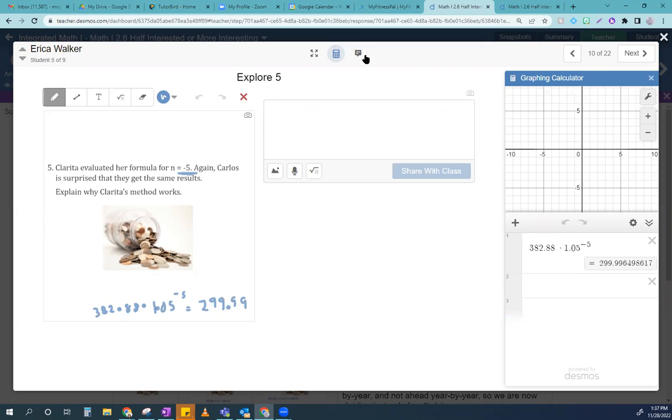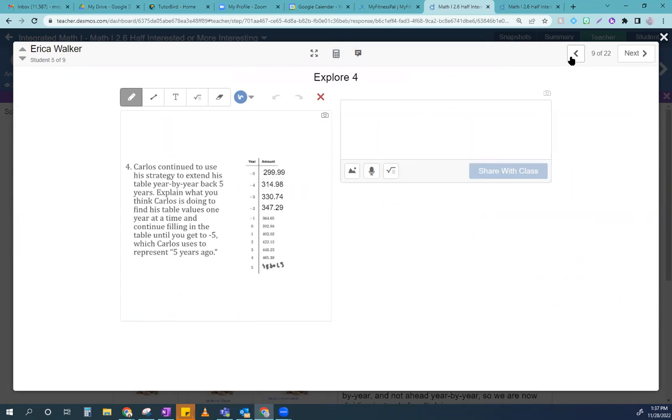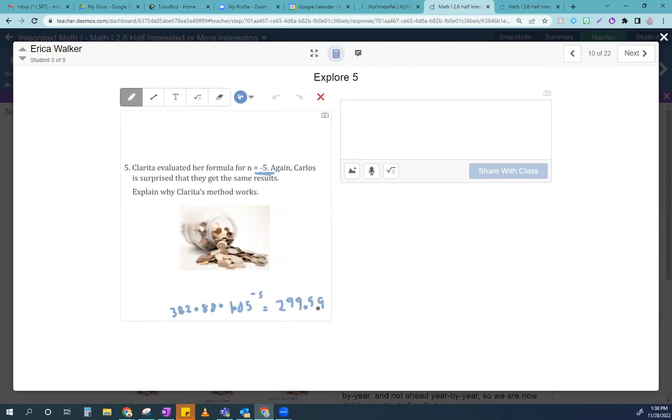Yes, because the question was, and I have to go back to here, how many they started with 5 years ago, when they first started the account, right? So this $382 is when maybe they left. And then going back 5 years, this is how much they put into the account. They didn't put any money in the account, which is why we have $299.99. That's what they started with.